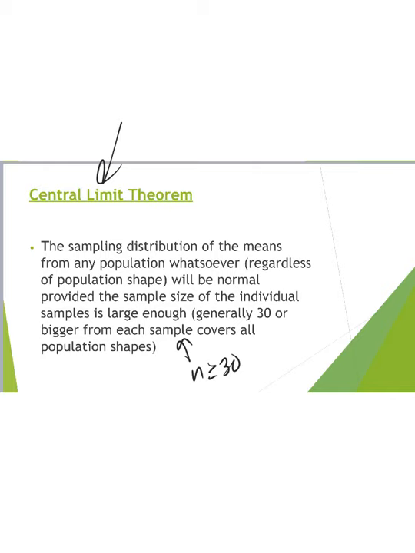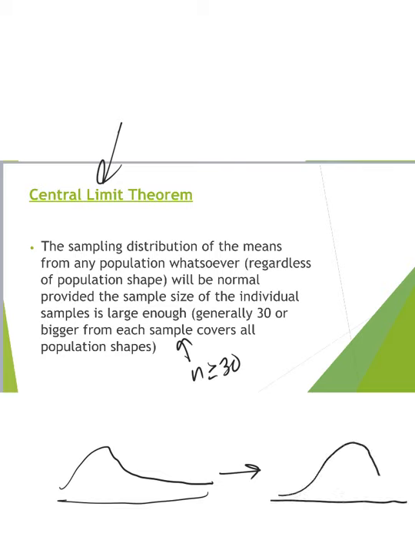So what that's simply saying is even if the distribution looks like this to begin with, as long as we take a bunch of x bars and just graph the x bars, it will look like this. And what might happen here is on this one, here's the mean right here, and let's just say that's 50, whatever, $50.